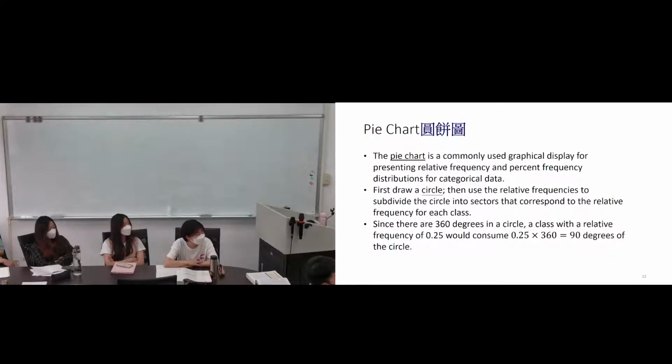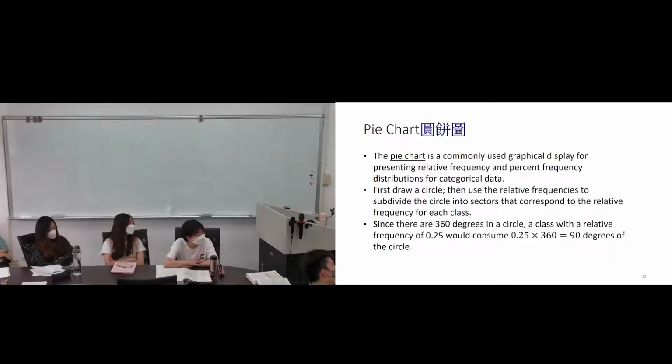Pie chart is a commonly used graphical display for presenting the relative frequency and percent frequency distributions for categorical data. First we draw the circle, and then we use the relative frequencies to subdivide the circle into sectors that correspond to the relative frequency for each class.